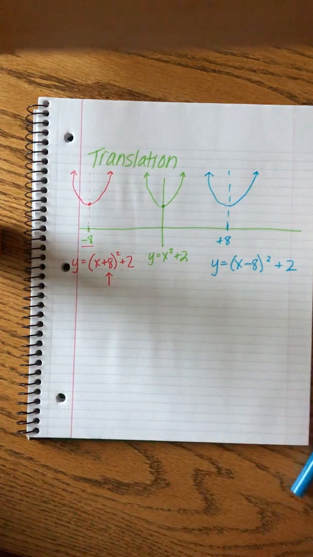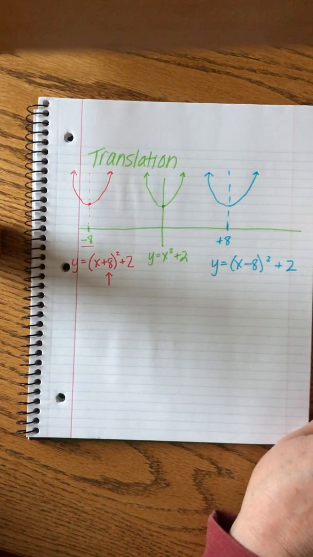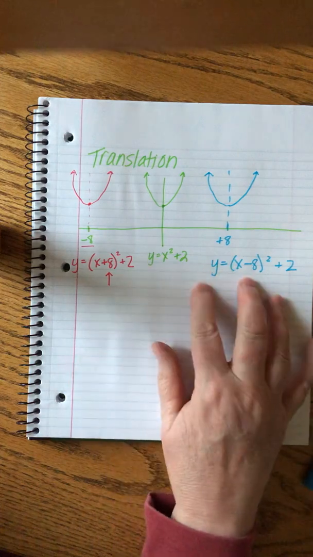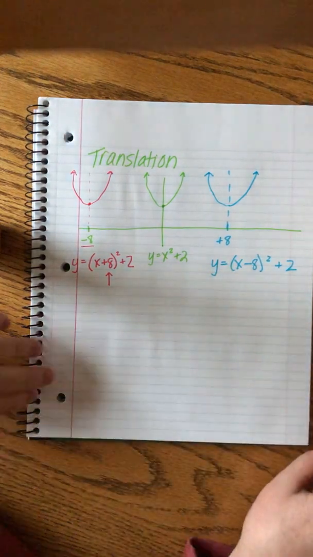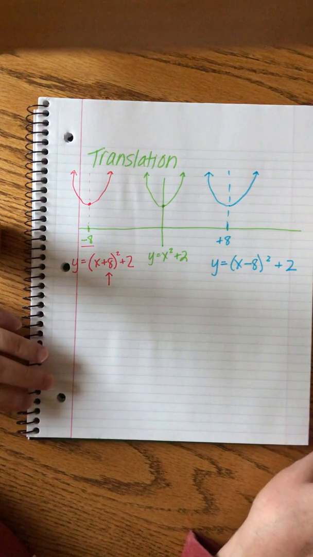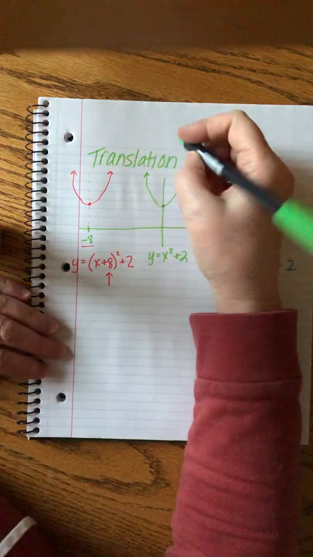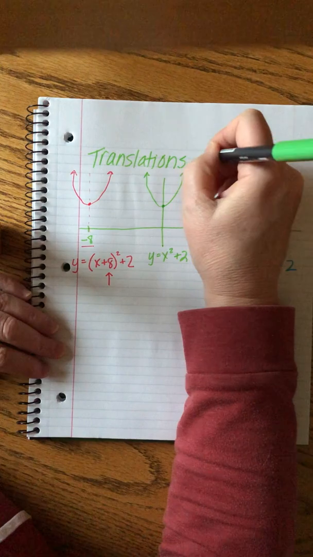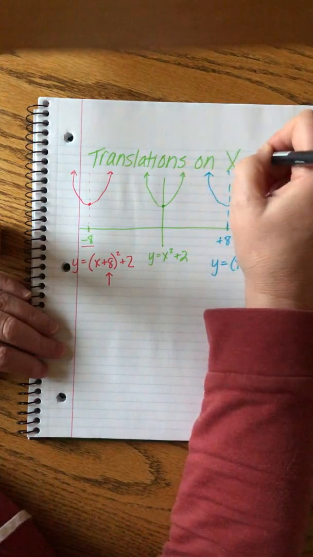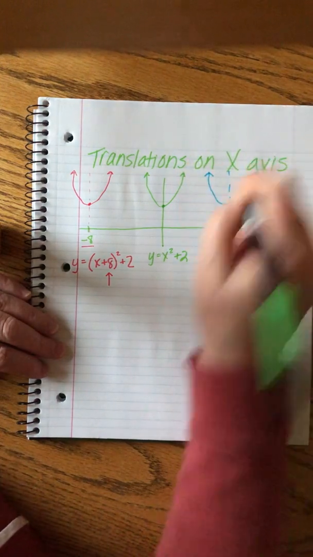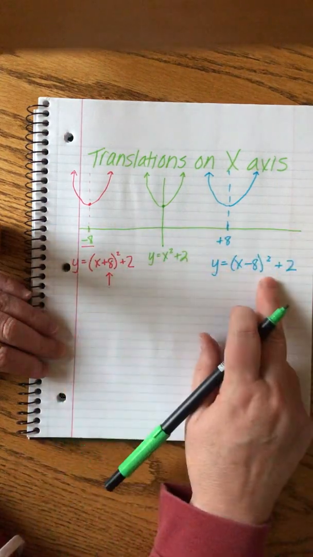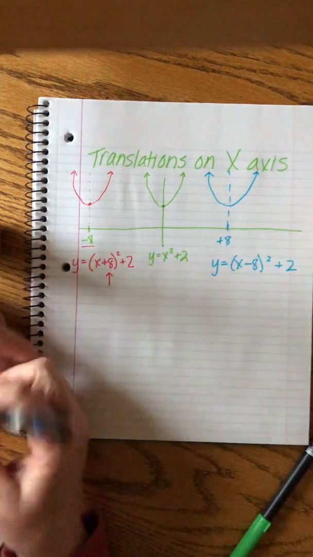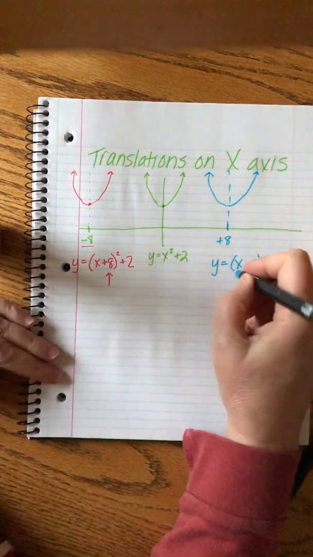We could do that. I could show you with the algebra why it works this way, but I don't want to clutter your mind with that. Right now, I want you just to trust me. So these are translations on the x-axis. Okay, we're sliding it up and down this way. And this is how we change our equation.